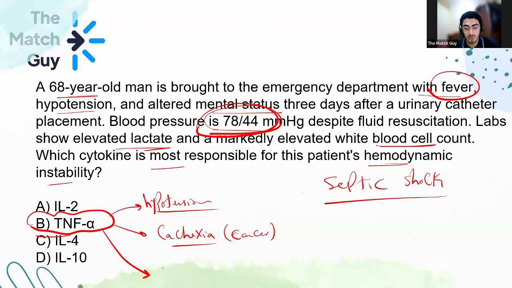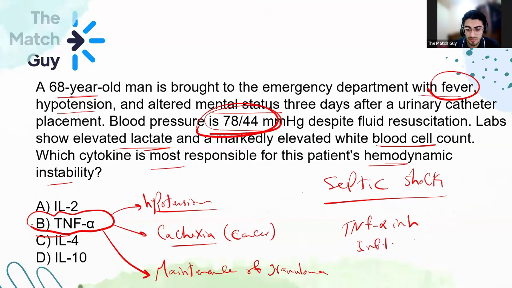Also, TNF alpha is important for the maintenance of the granuloma. And we know that the granuloma is important for the immunity against the TB. So if a patient is going to start one of the TNF alpha inhibitors, like infliximab, adalimumab, or etanercept, before the patient starts any of these medications, you must screen for TB.